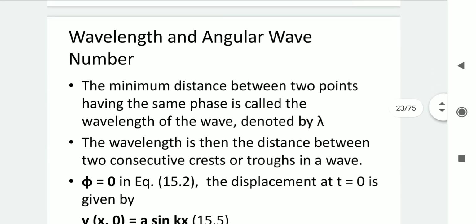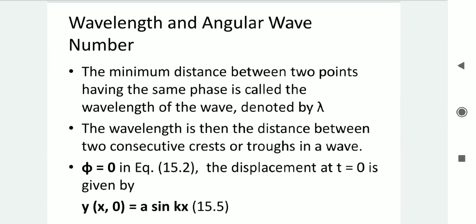Now let us understand wavelength and angular wave number. The minimum distance between two points having the same phase is called the wavelength, which is denoted as lambda. The wavelength is the distance between two consecutive crests or troughs in a wave. If we substitute phi equal to 0 in the previous equation, and take initial time t equal to 0, that equation can be rewritten.